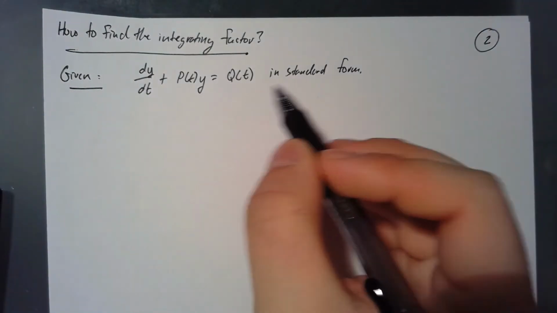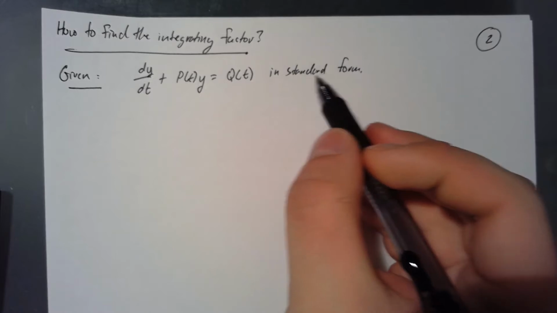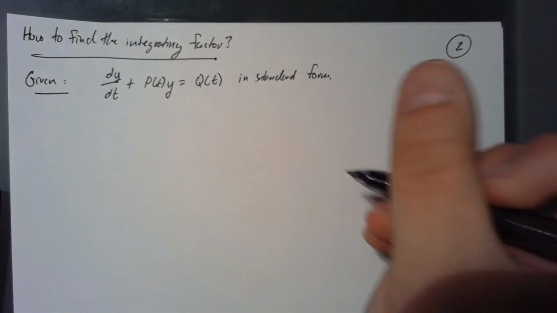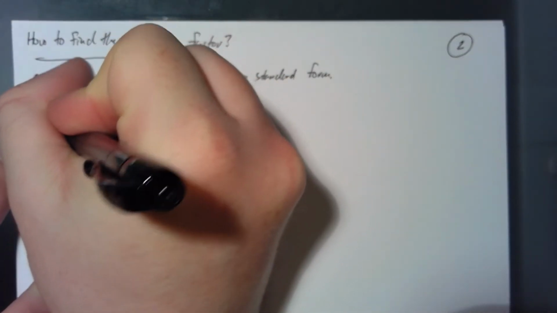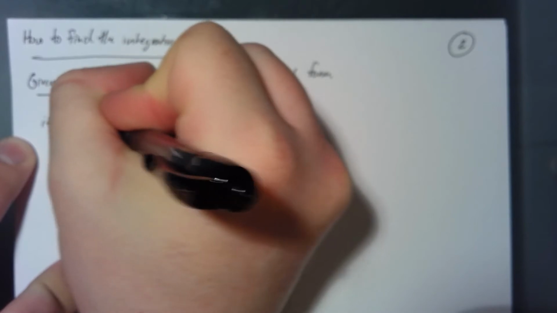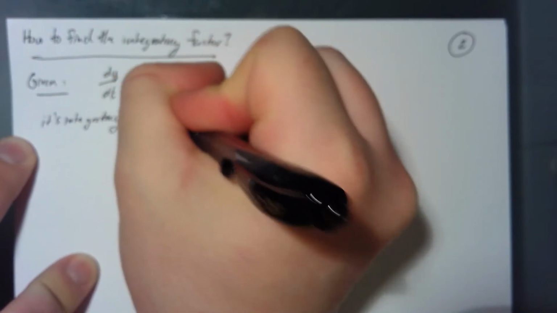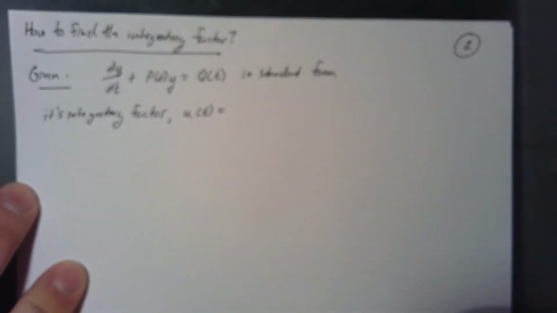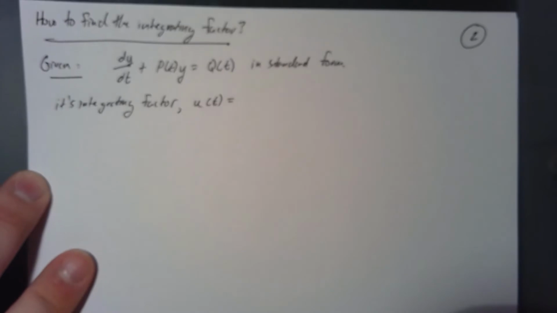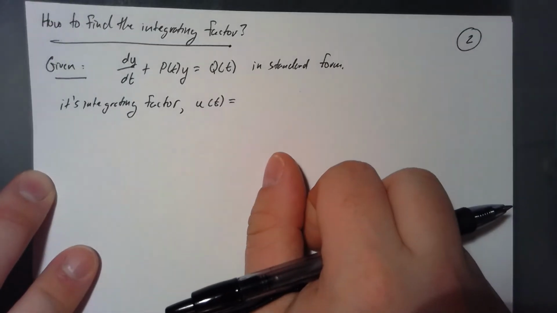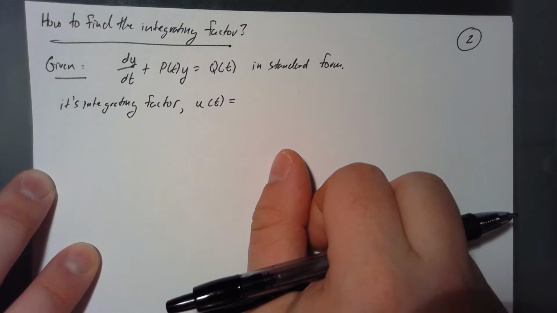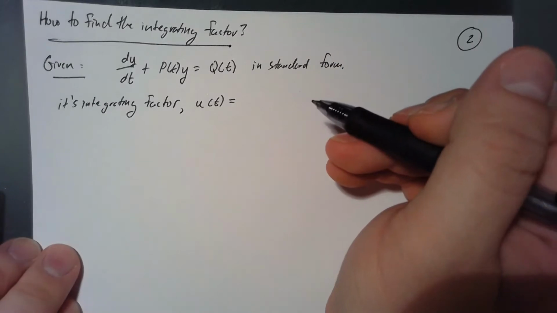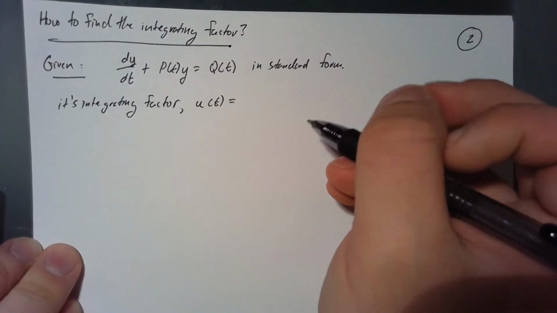This might seem redundant, but I'm emphasizing it. This is in standard form, so writing this is redundant, but its integrating factor, which we denote with U of t, is equal to, and this might seem a little obtuse, so I'm not going through the derivation of this because, like I said, it's really technical.